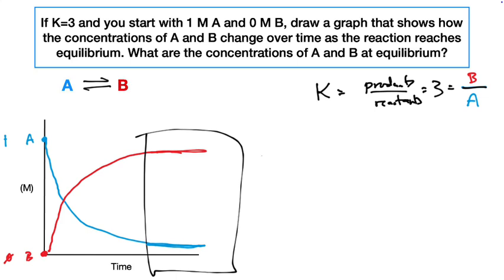Why? K is larger than 1. Great. Do better. That's usually where people struggled a little bit. We can do better. We can say B is equal to 3 times the concentration of A. What is the B representing in this expression?